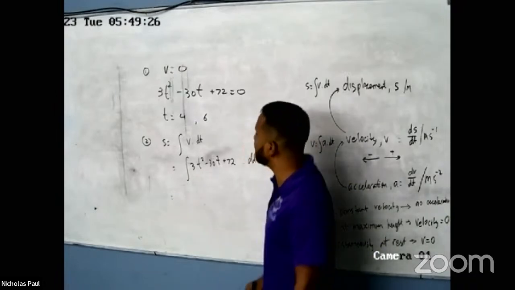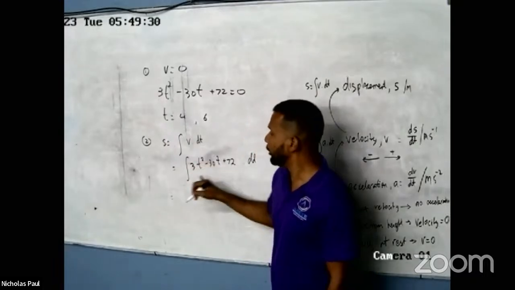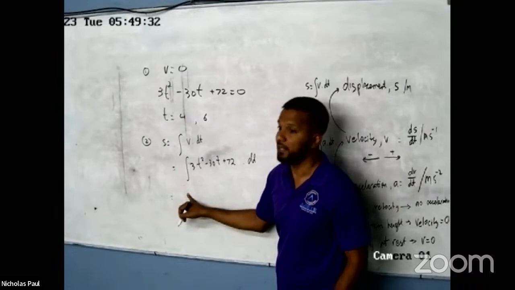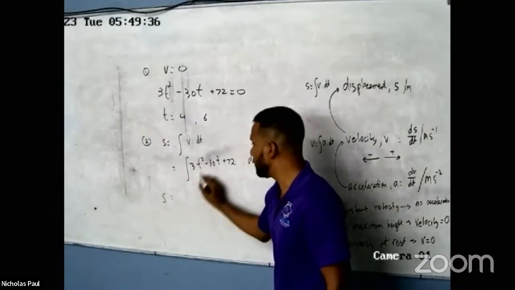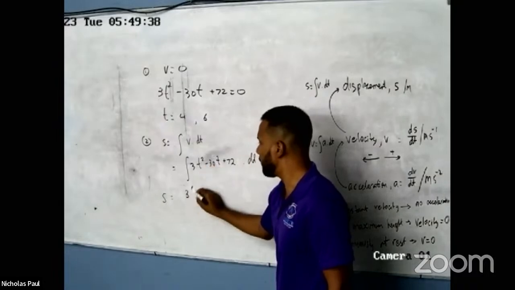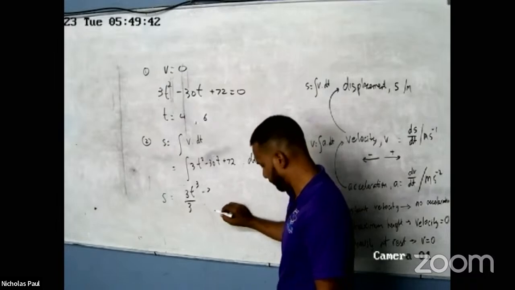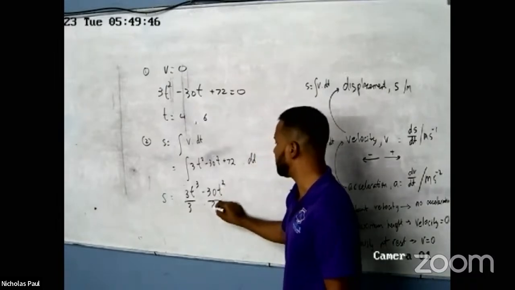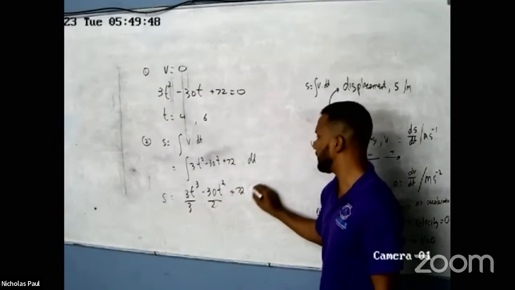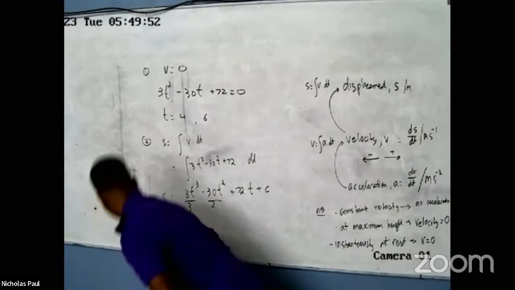So if you want to avoid having to get the C value, you could have plugged in 6, 4 here. But you need to get the C value. I'll show you how to get it. S is equal to 3t squared, so that'll be 3t cubed all over 3 minus 30t squared all over 2 plus 72t plus c.